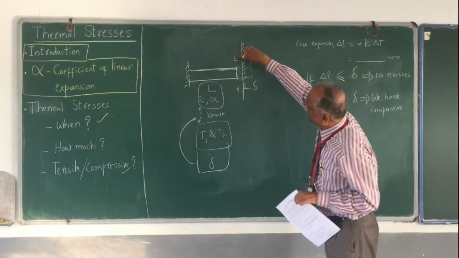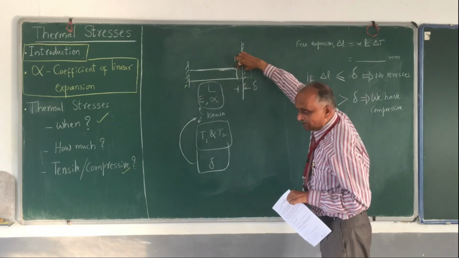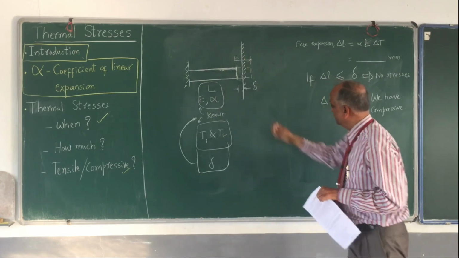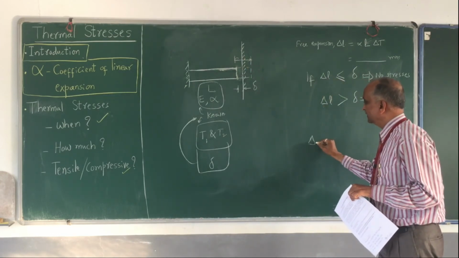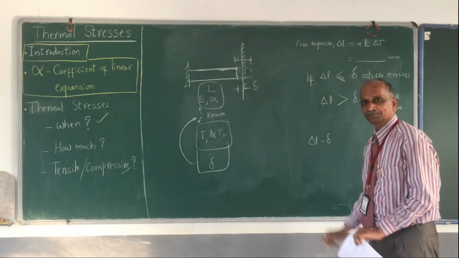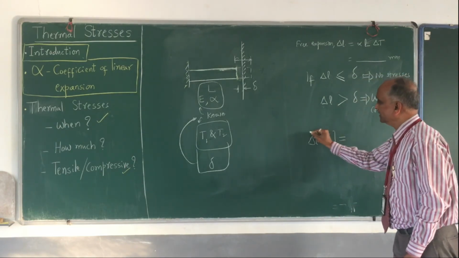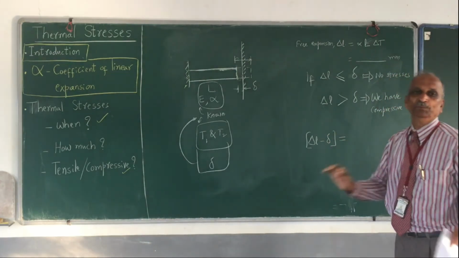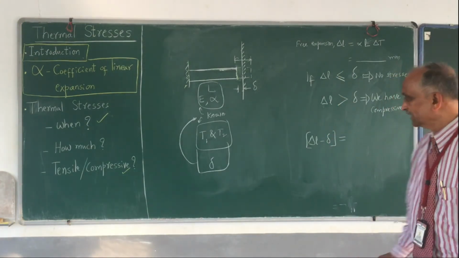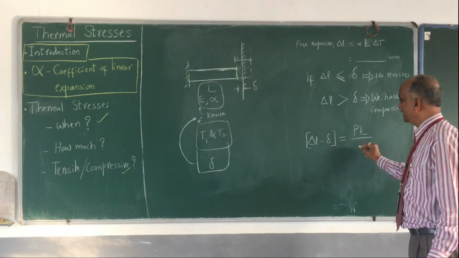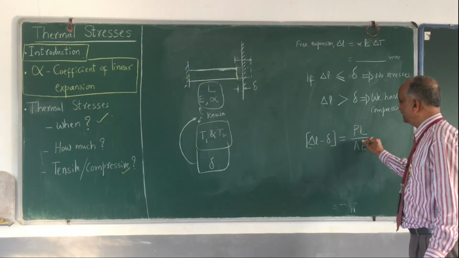That is nothing but this minus this, only for this much. But how much is this? This is nothing but delta L minus delta. Delta L minus delta is the expansion which has been prevented. Delta L minus delta is equal to P into L divided by A into E.